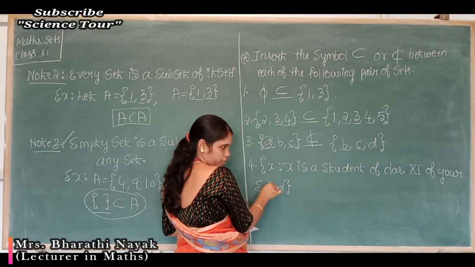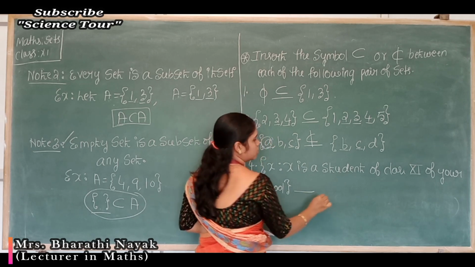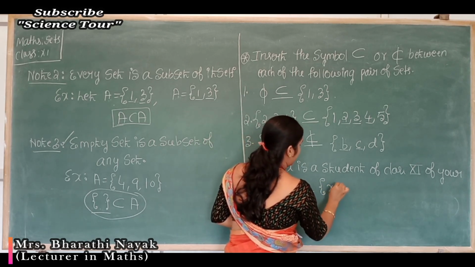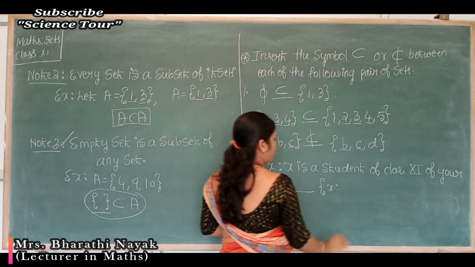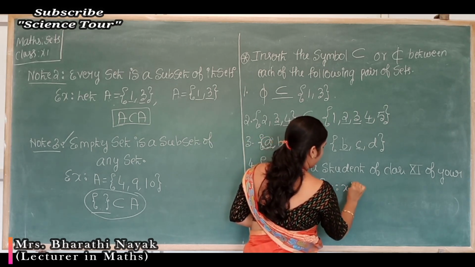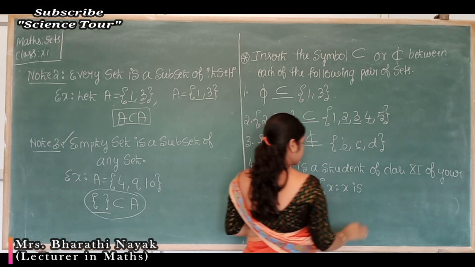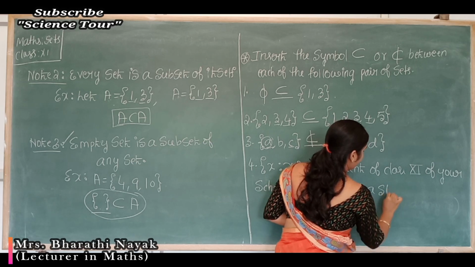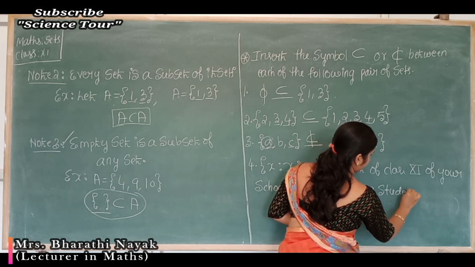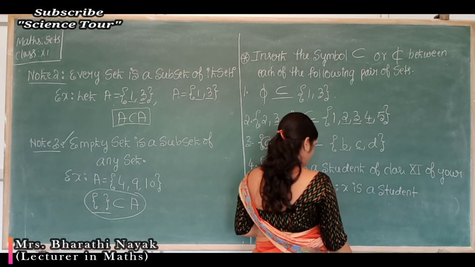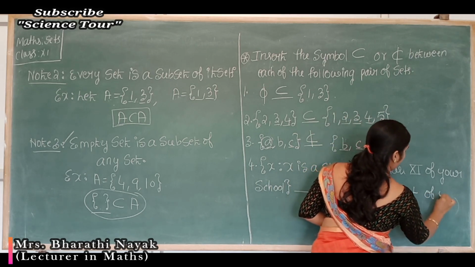Okay, this is about the first set dash. Second set is given as set of all x such that x is a student of your school.